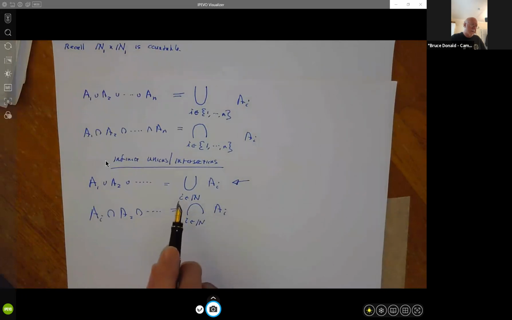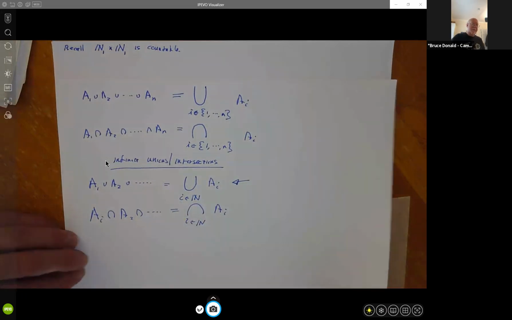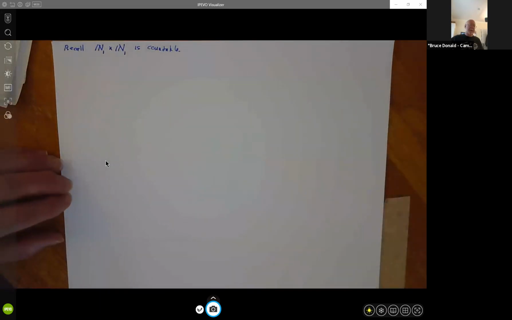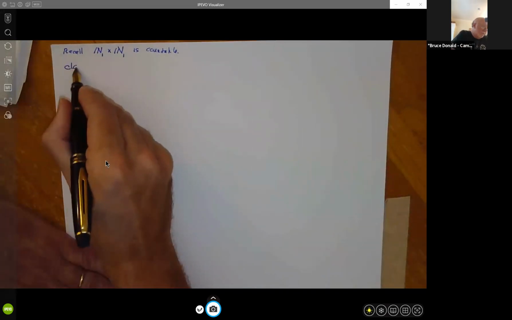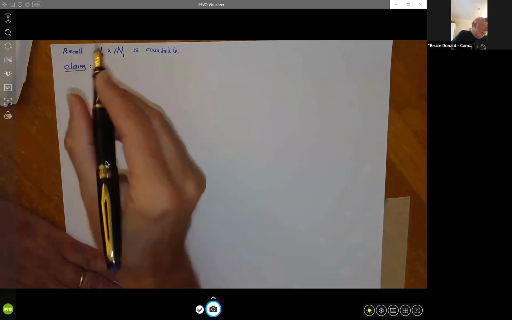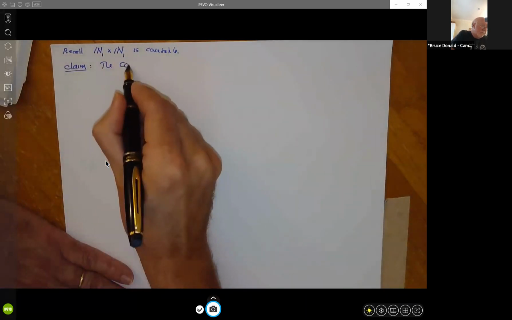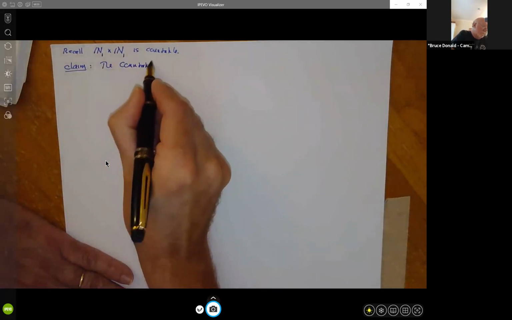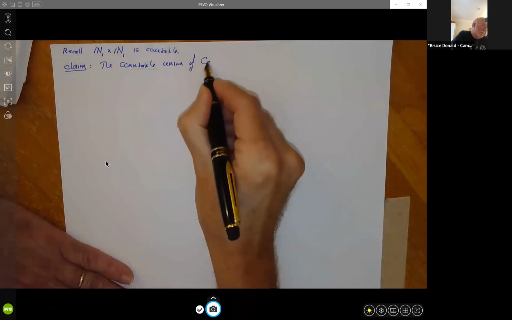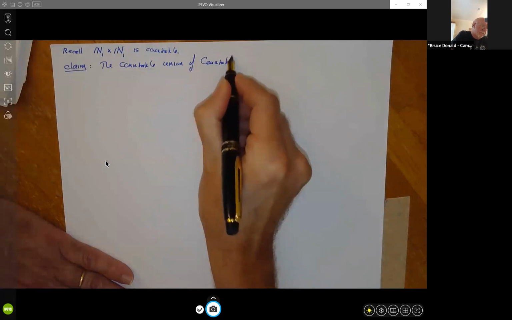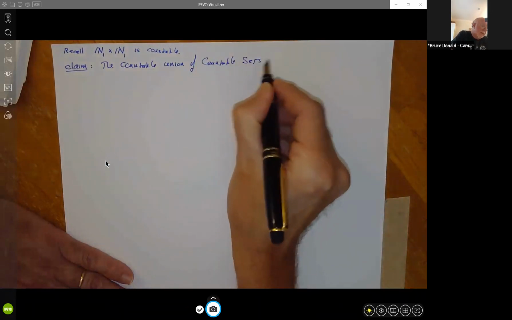And furthermore, you're only doing it a countable amount, up to the end of the natural numbers, so to speak. So we have a claim here that the countable union of countable sets is countable.